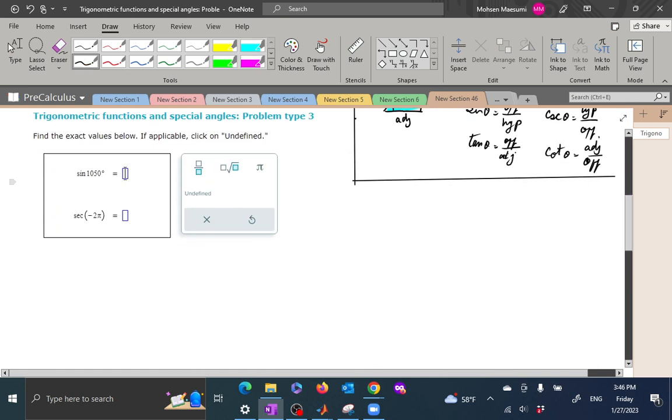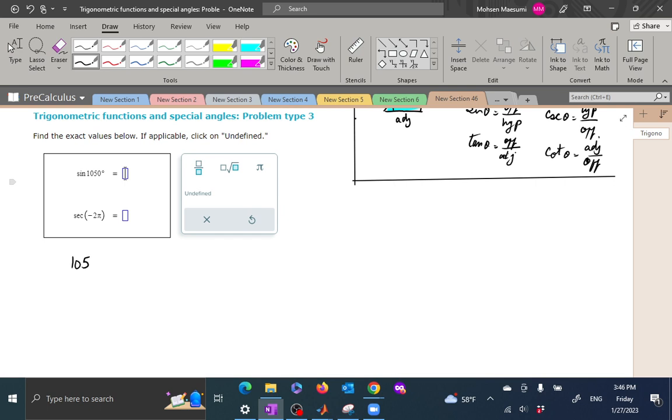I have an angle 1050. The easiest way to handle these problems, if it is positive, is to subtract 360 until you end up with an angle between 0 and 360. I subtract it and get an angle of 690 degrees.